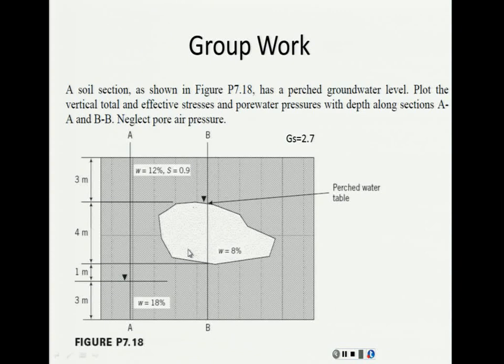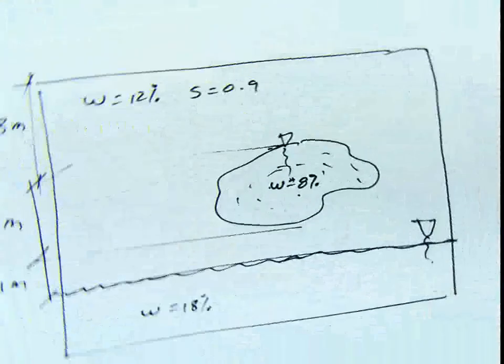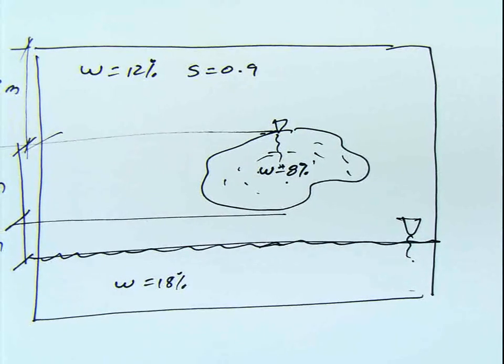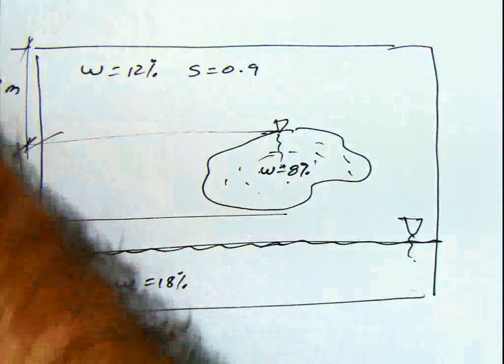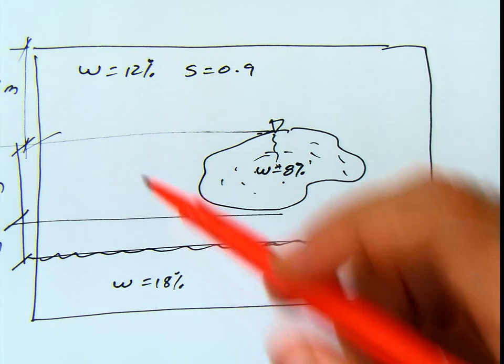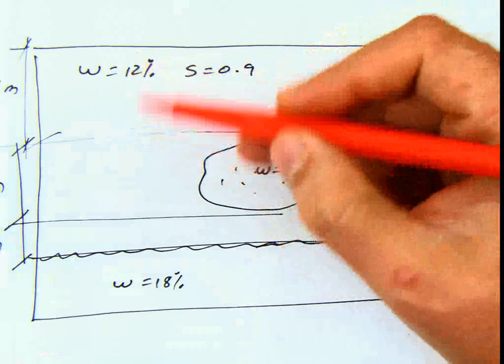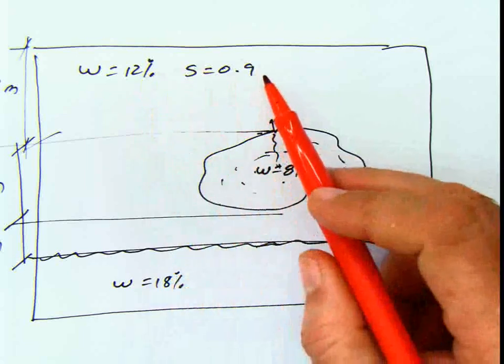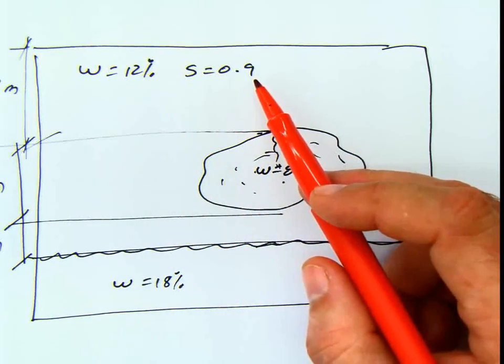I'm going to switch to the camera document so you can see something. This is basically what we have over there in that part. You have at this point this type of soil, and this type of soil has a water content of 12% and a degree of saturation of 0.9.